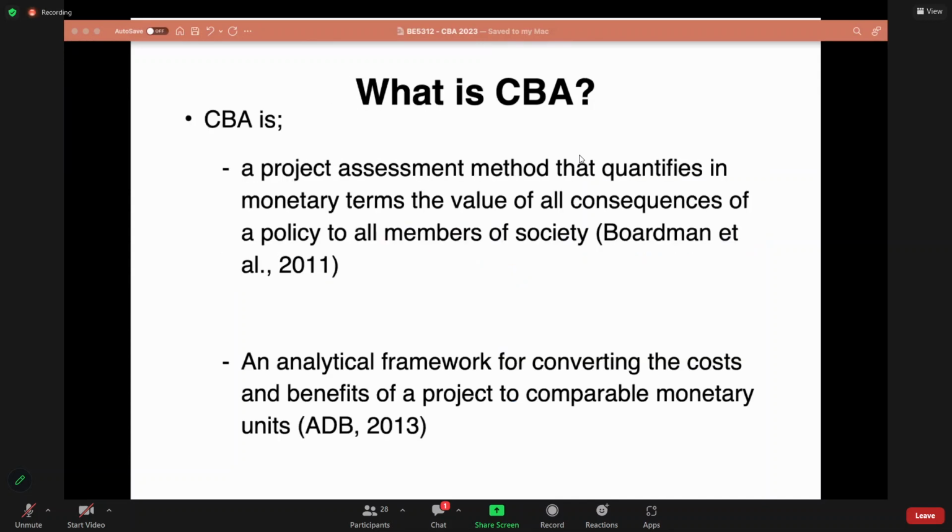So, some definitions of what CBA is. One, Boardman says it's a project assessment method that tries to quantify in monetary terms the value of all consequences of a particular policy or an investment decision to all members of society, so not just the investor.